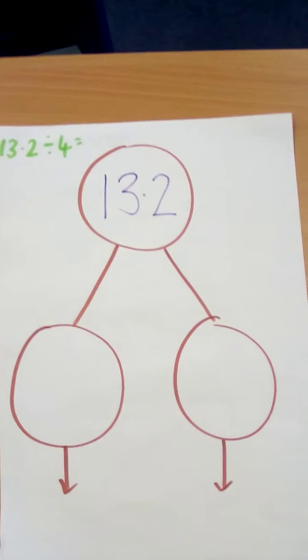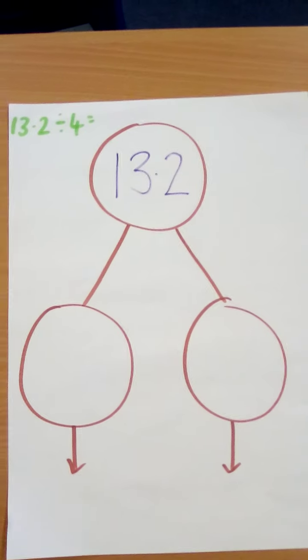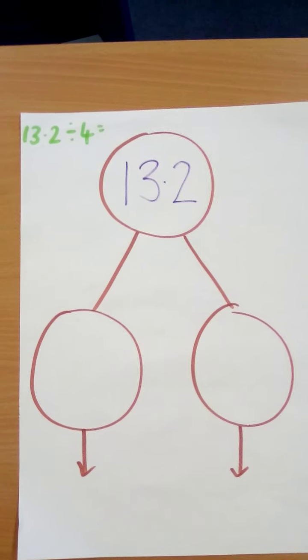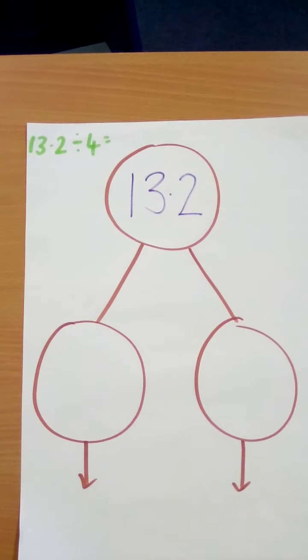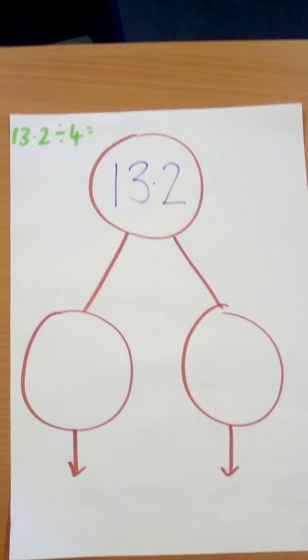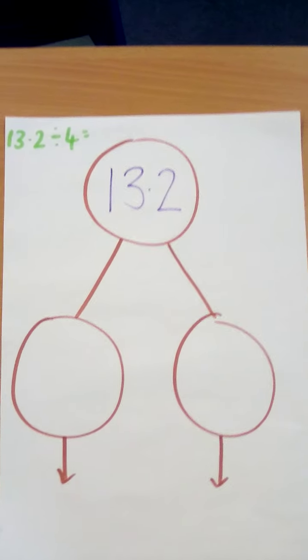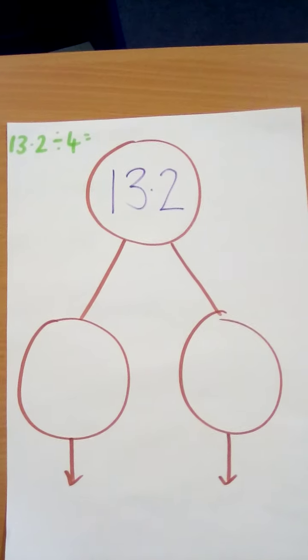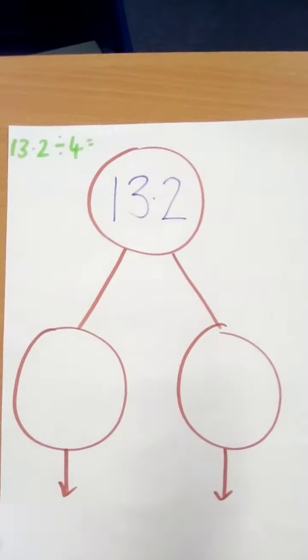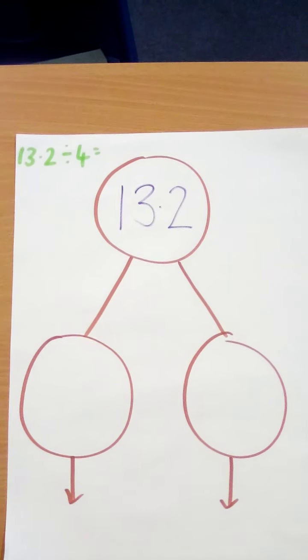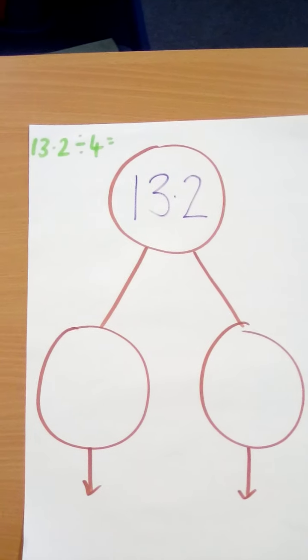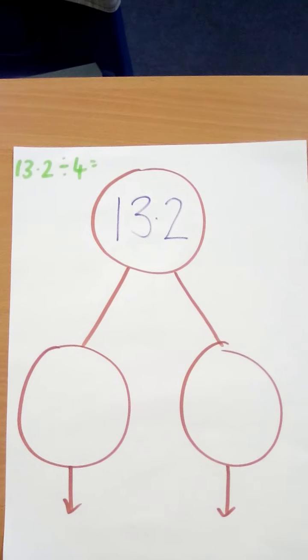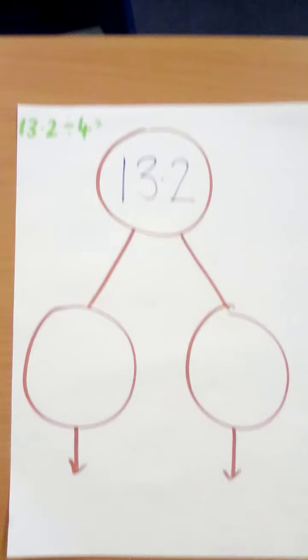So this question was really about different ways of representing how you might split, divide a decimal number into equal pieces. And this question, the first example was 13.2 divided by 4. So the example that you were shown was if you partition 13.2 into a whole number and a decimal number that are perhaps easier to divide, then that's a starting point.